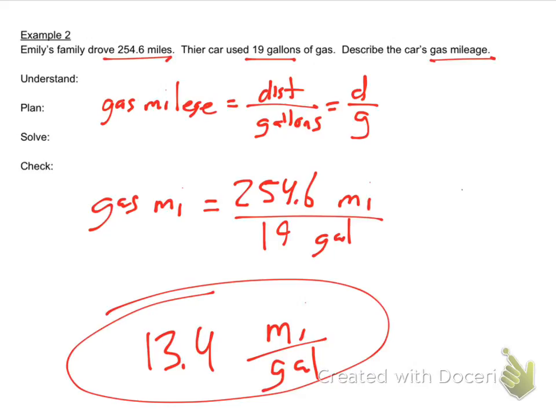Does anybody know what their parents get for fuel mileage? Gas mileage? Is that acceptable? That's kind of low. You're probably driving a truck or pulling a trailer. Okay. I did drive a car. My first car was a 77 Ford Granada. I think I got somewhere around 10.